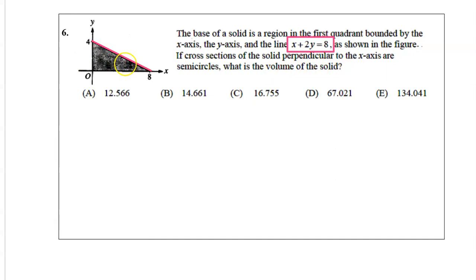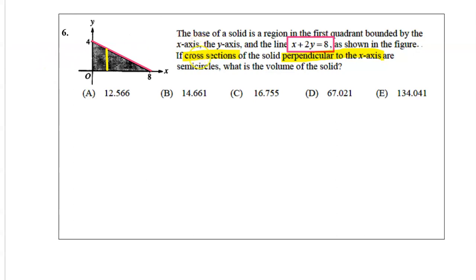When they talk about a solid whose base is a particular region, I want you to picture an oddly shaped loaf of bread that is sitting on that region. In other words, picture a loaf of bread that has this kind of triangular footprint, and we're looking down on the bread from above.